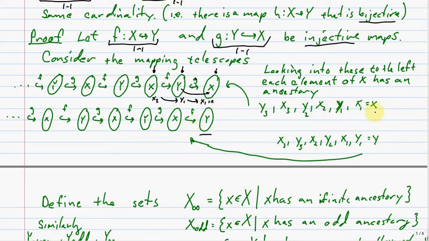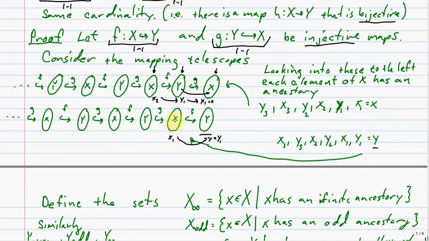And we can look at all the elements of X and consider their ancestry, and we can look at all the elements of Y and consider their ancestry. So just to be really clear, you'd pick some element in Y, and we'll call it y1. And if that's in the image of F, then there's some element in X that maps to y1, and I called it x1.